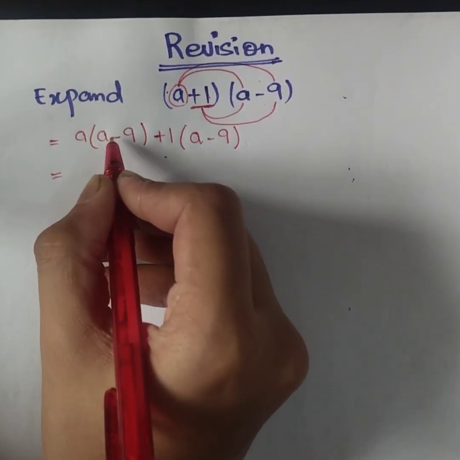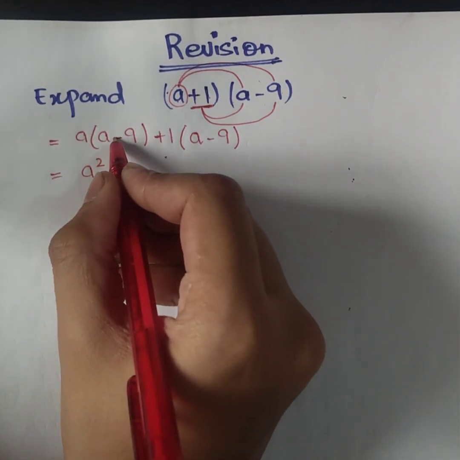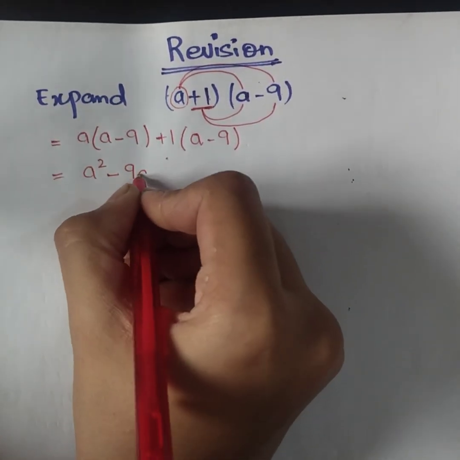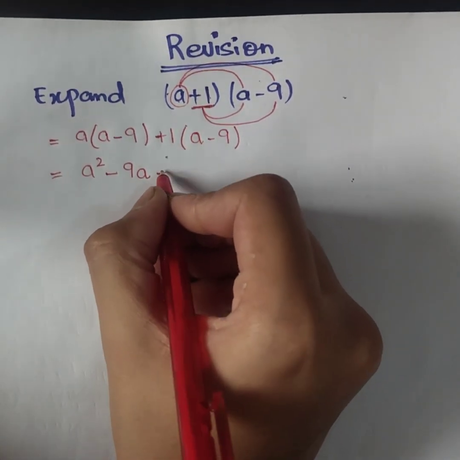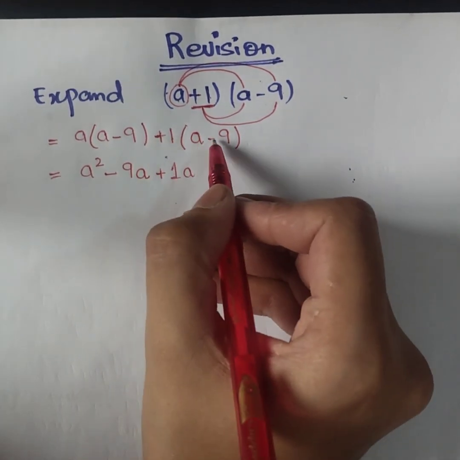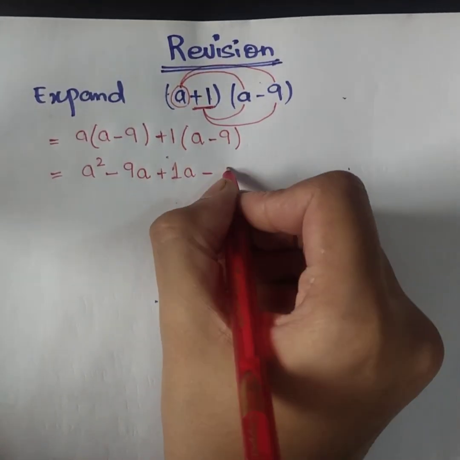Now a multiplied by a is a square. a multiplied by minus 9 equals minus 9a. Plus 1 multiplied by a is plus 1a. And plus 1 multiplied by minus 9 is minus 9.